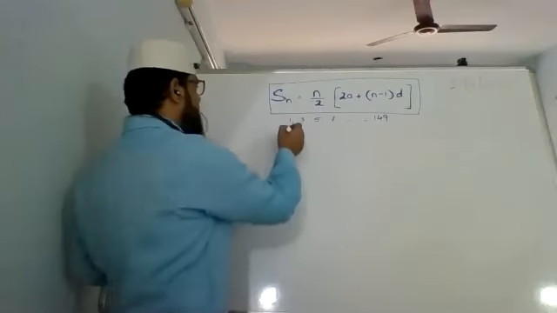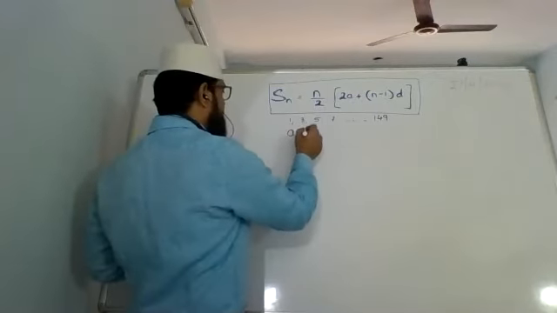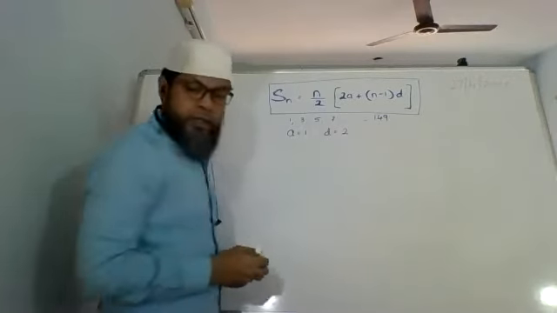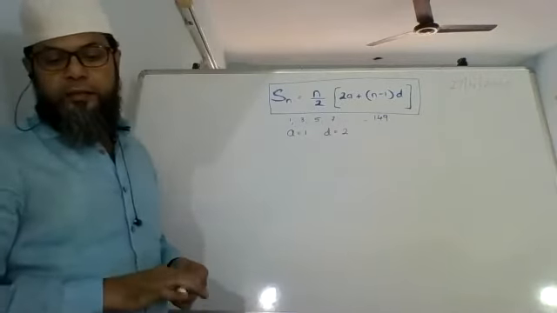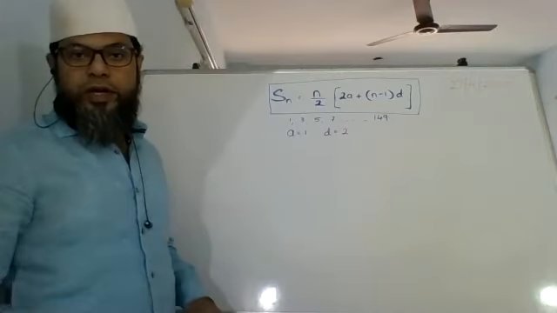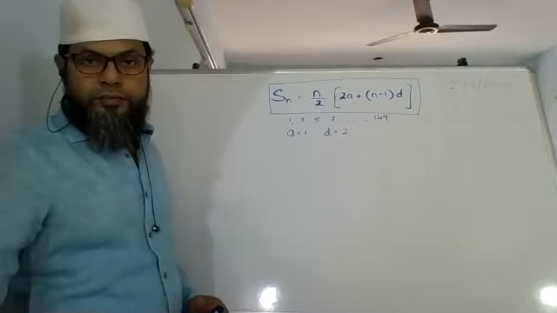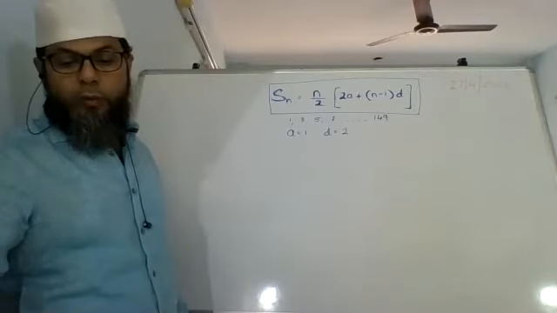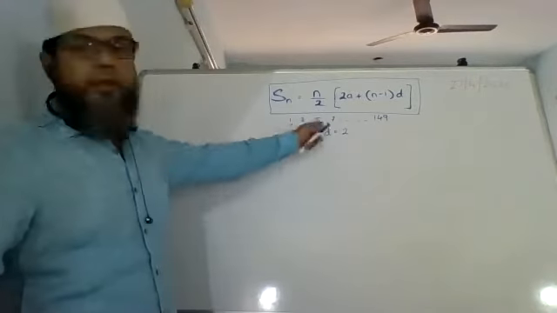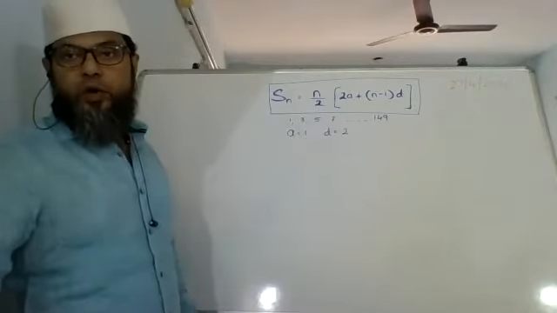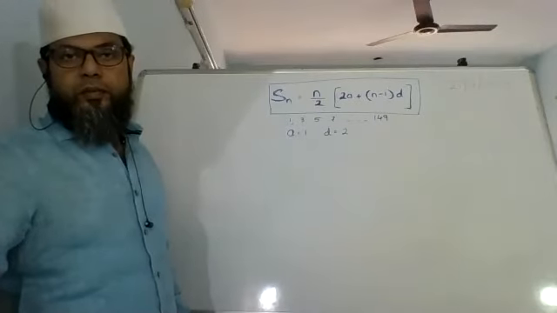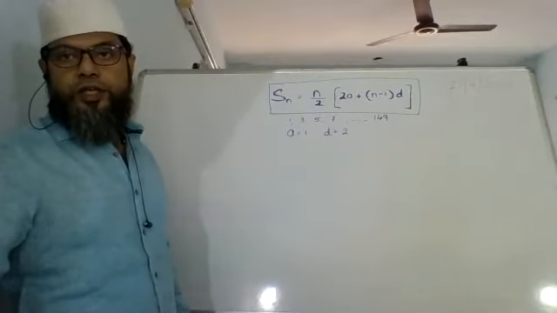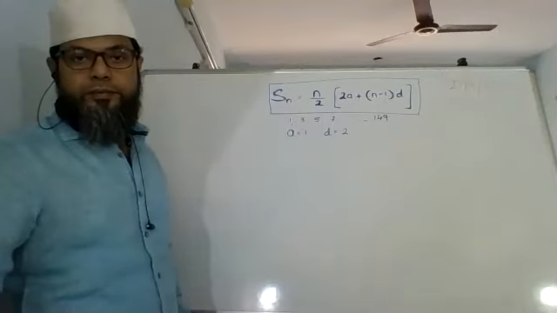So here we get a equals 1, d equals 2, up to 149. How many numbers are there in this AP? That is what we have yet to see. We don't know how many numbers there are.